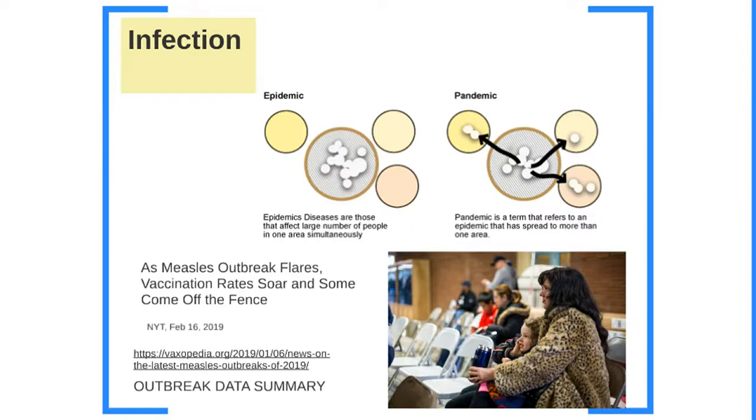You'll see that an epidemic is when a large number of people in a community or an area are sick, and a pandemic is when that illness moves out to other communities or to the broader area.